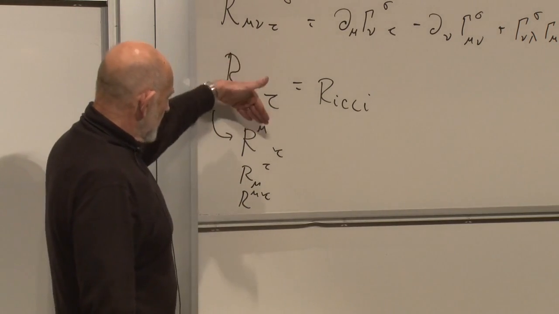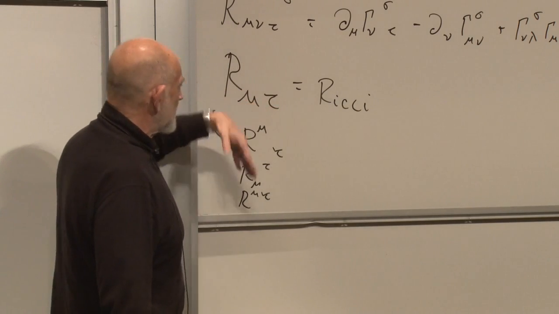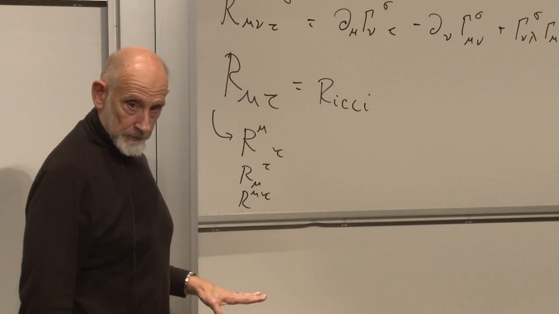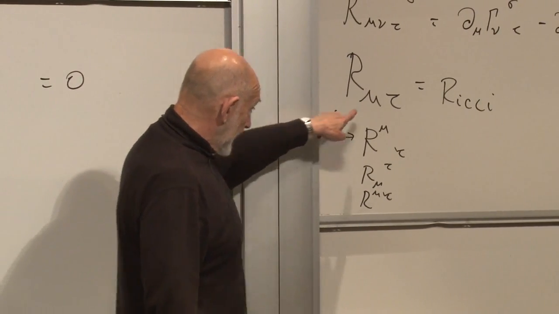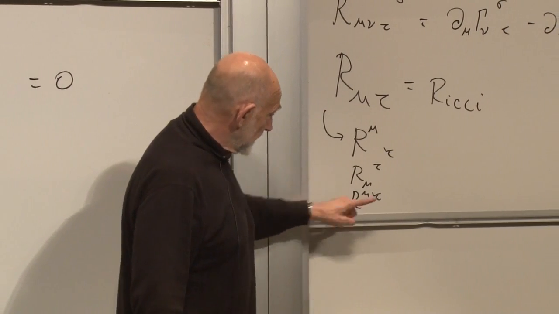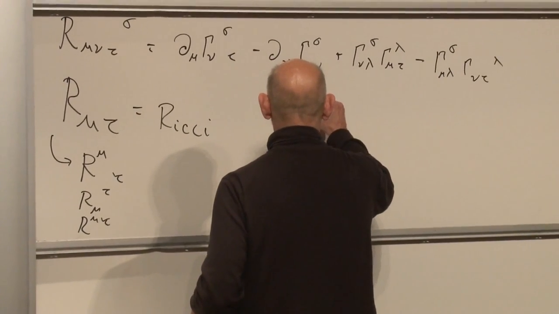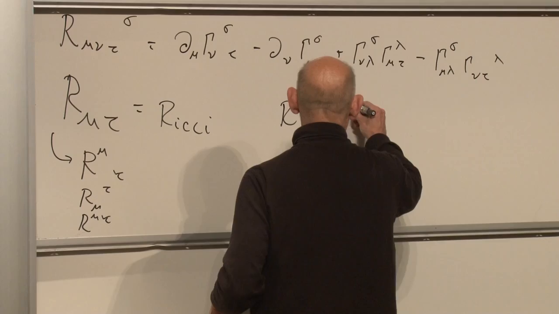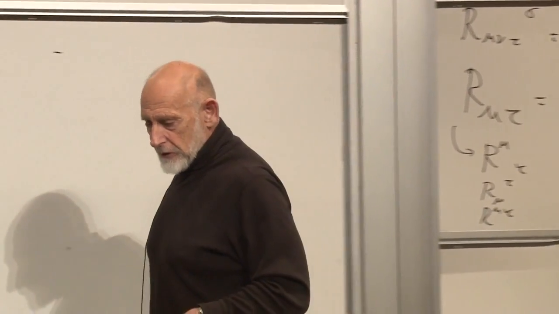For each such tensor, there's another one with upper indices. Another fact about the Ricci tensor is that it happens to be symmetric. In particular, R mu tau equals R tau mu.